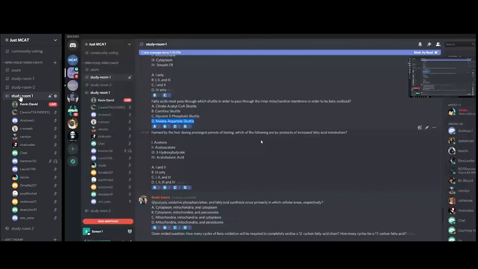And then when you want to go the other way around, you convert glutamate to aspartate, and in total you have this malate aspartate shuttle. It's a little more complicated.